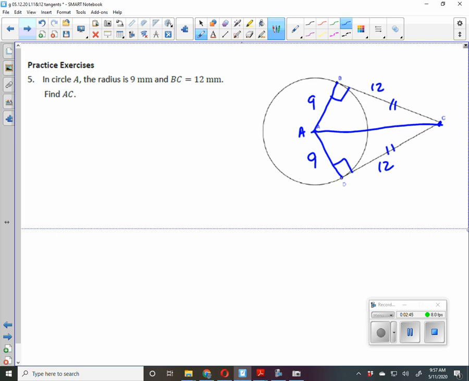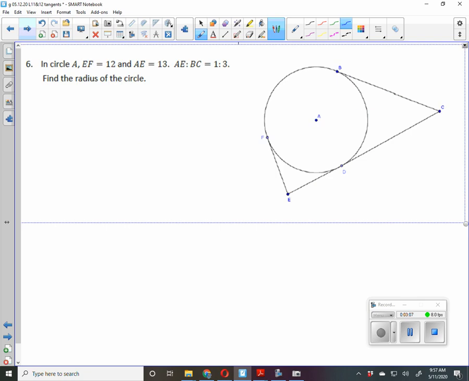That's a 3, 4, 5 multiplied by 3, so that's going to be 15 right there. Find AC, we did that. That's 15. Remember, this was a multiple of a 3, 4, 5 Pythagorean triple, multiplied by 3: 9, 12, and 15 is how I figured that out. You could use the Pythagorean theorem also.